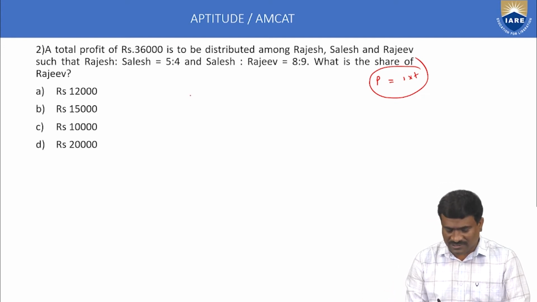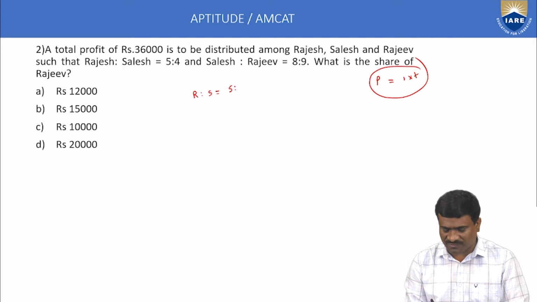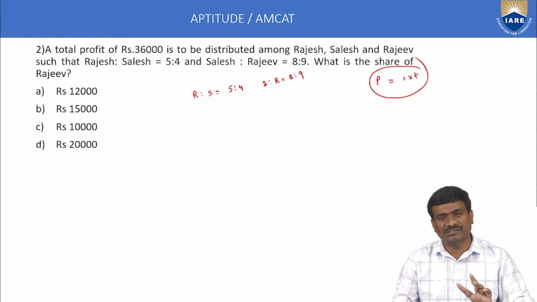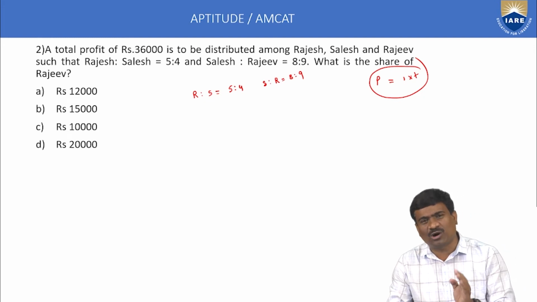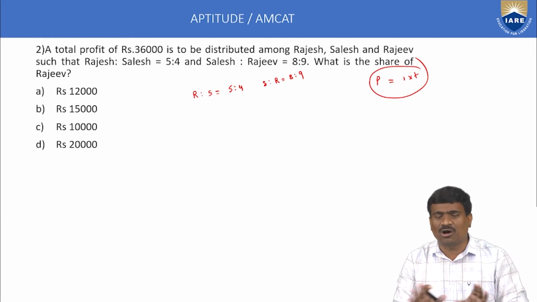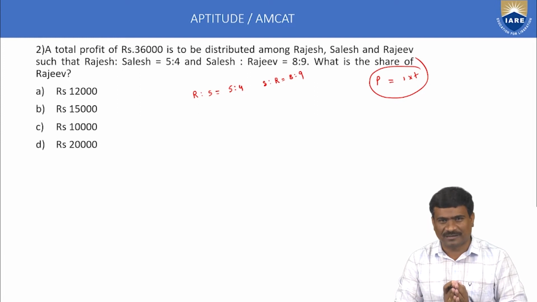Find the first statement, Rajesh is to Salesh, means R is to S is equal to 5:4. Similarly, Salesh is to Rajiv is equal to 8:9. Next, using the two ratios, R is to S, S is to R, but the Salesh person is common, that is the constant person.